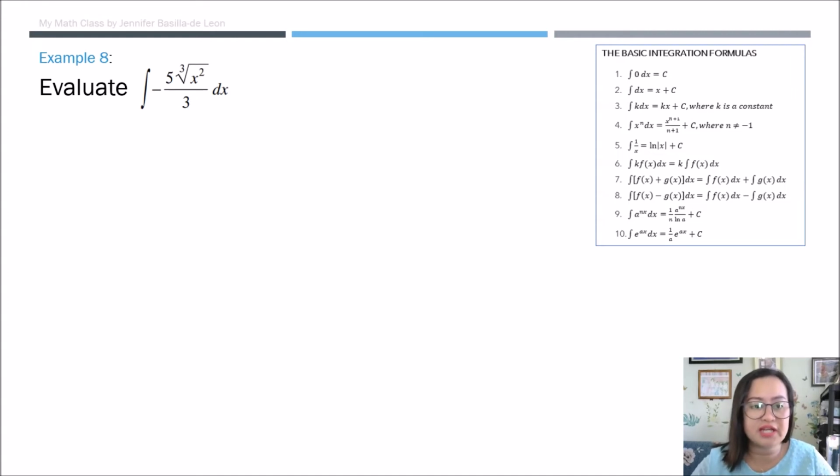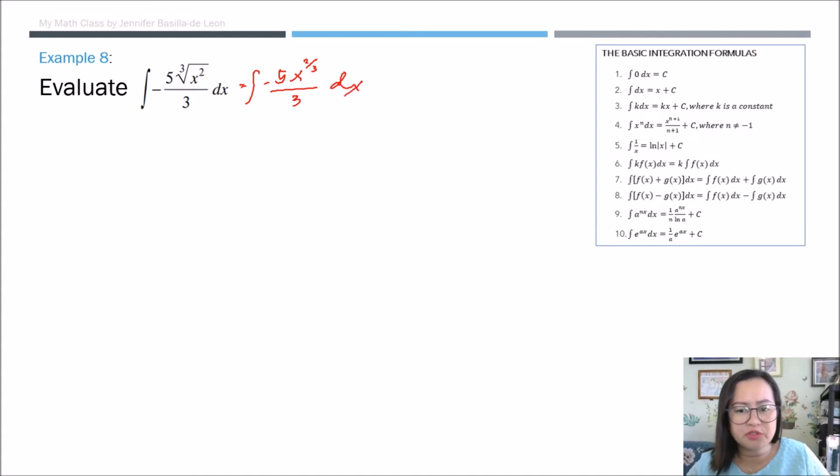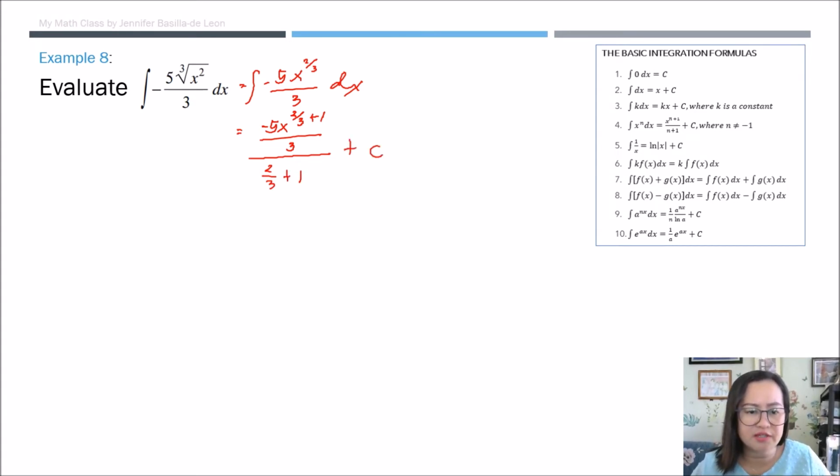Let's have example number 8. You're asked to evaluate the antiderivative of 5 times the cube root of x squared over 3. Now we just rewrite the radical expression into an exponential expression, so we will have 2/3. Okay, then applying rule number 4, we shall have negative 5x raised to 2/3 plus 1 over 3 all over 2/3 plus 1 plus the arbitrary constant c.